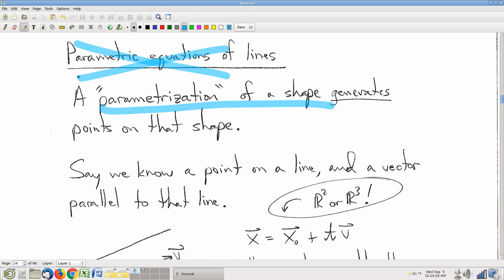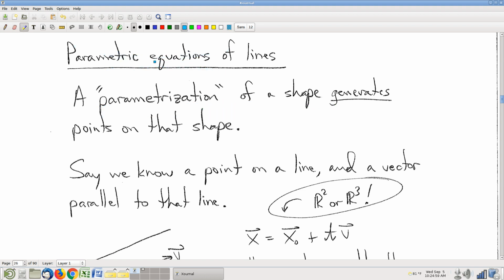I prefer the term parameterization because it doesn't have this awkward, inadvertent use of the term equation when this is not the equation of a shape. By the way, the term parameterization is very standard. It does a better job of distinguishing this as a different way to write down algebra that connects to geometry in a different way. So anyway, let's use this term parameterization.